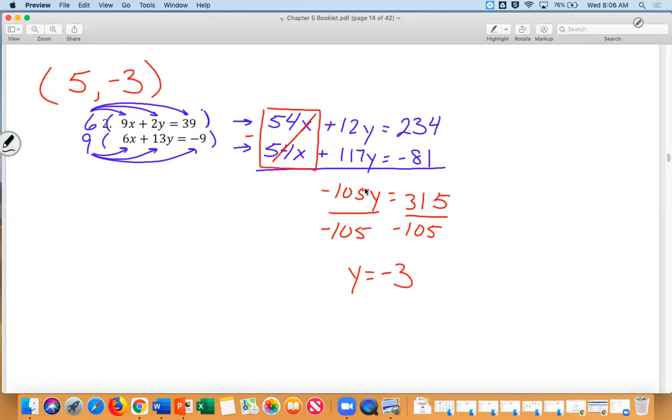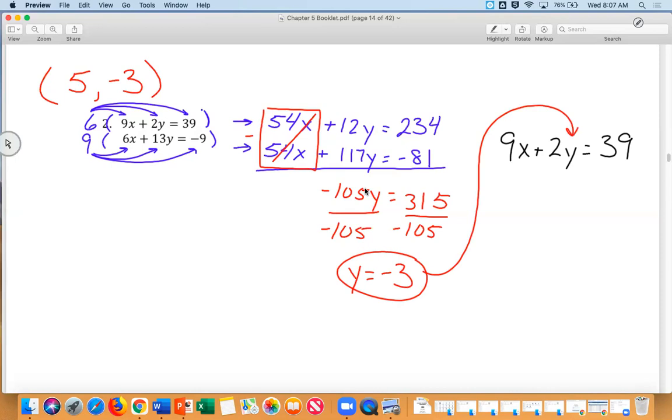Now I'm going to pick one of my equations to plug it back into. I'm going to pick the original top one. It's 9x plus 2y equals 39. Two times -3 is -6.